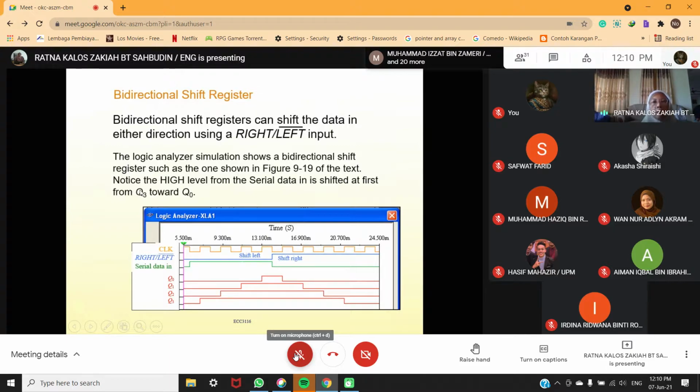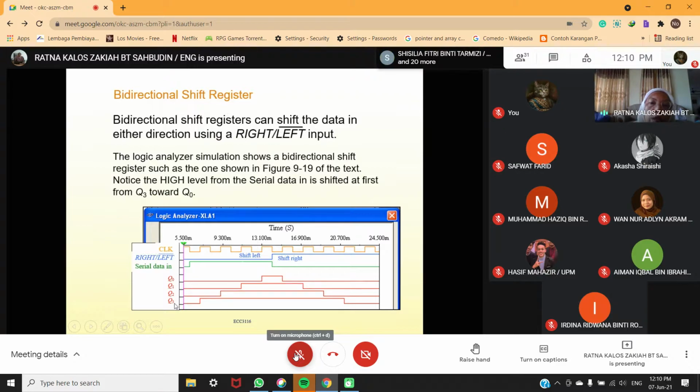Okay, this is the bidirectional shift register. Okay, you can either shift to the right, to the left. Okay, so logic analyzer simulation shows a bidirectional shift register such as the one shown in figure below here. So notice that the high level from the serial data in is shifted at first from Q3 towards Q0.